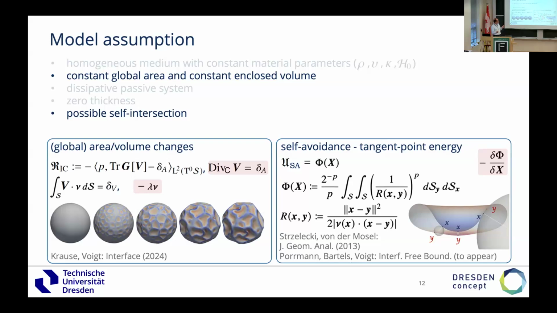So only these 2 points, which are critical, actually matter in this energy, and the others don't really contribute. And if this parameter P is large enough, then theory says that we can avoid self-intersection.